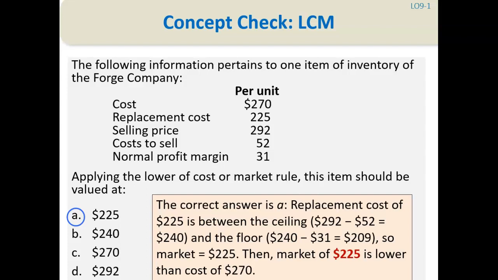Then market of $225 is compared to the cost of $270, and we select the lower of the two amounts, $225.